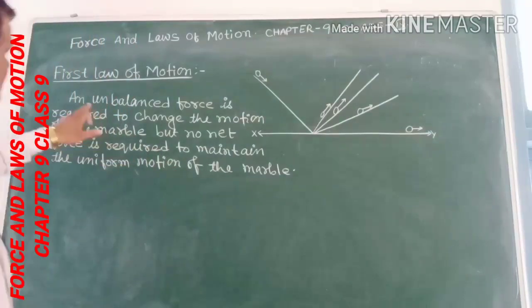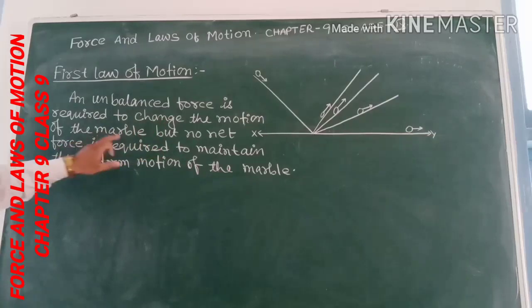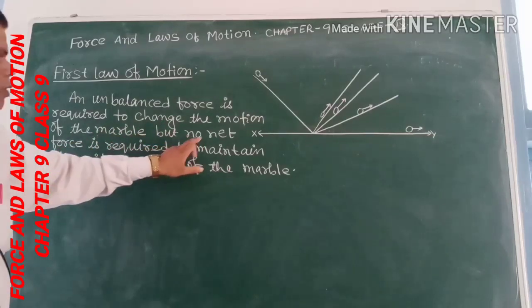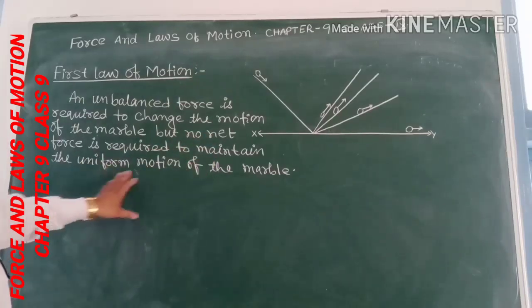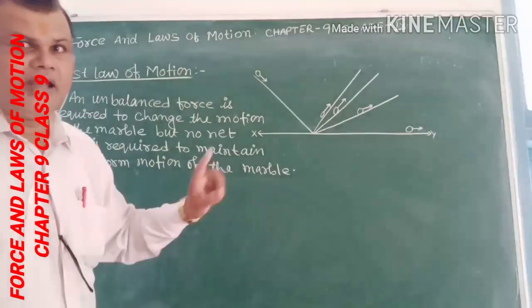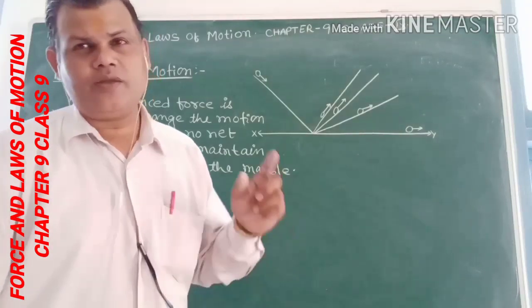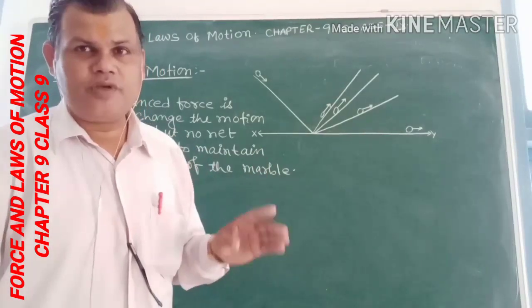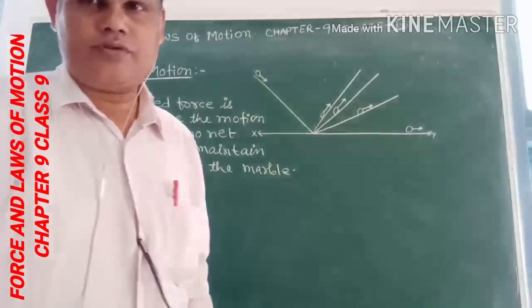So we can say an unbalanced force is required to change the motion of the marble, but no net force is required to maintain the uniform motion of the marble.